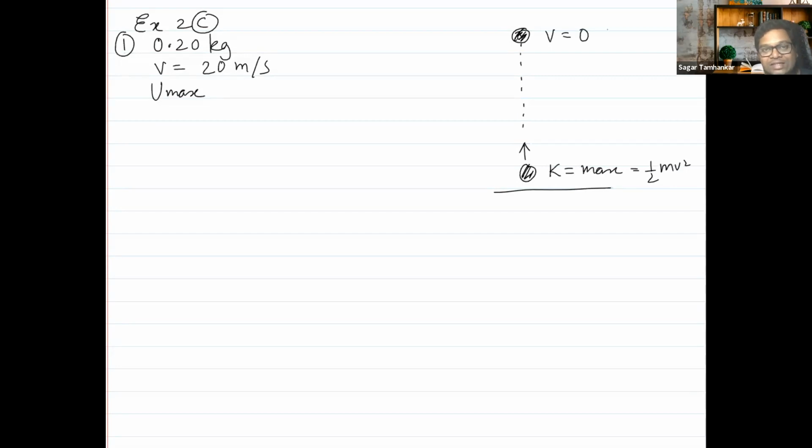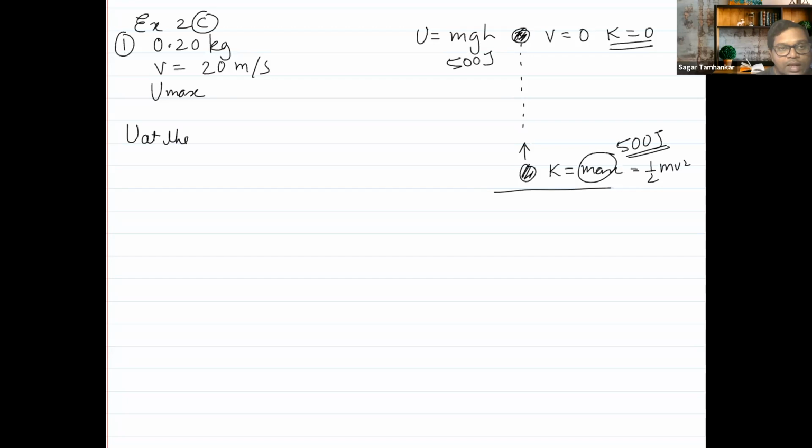So at that instant, kinetic energy has become zero. So where has that energy gone? That energy has turned into potential energy, that is mgh. So if this is 500 joule, this will also be 500 joule. So what we will write over here is, potential energy at the top is equal to kinetic energy on the ground.